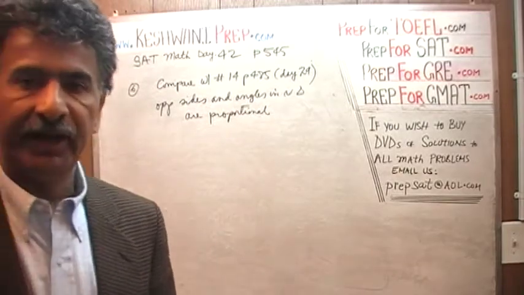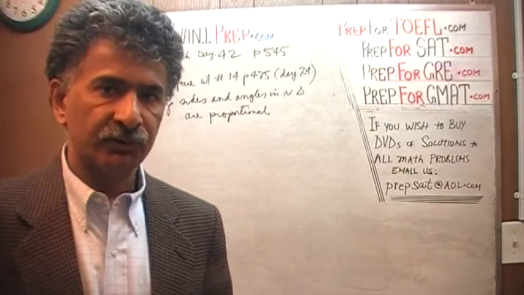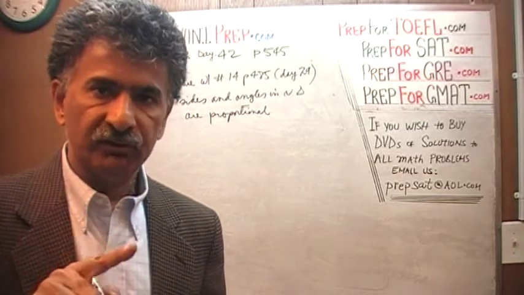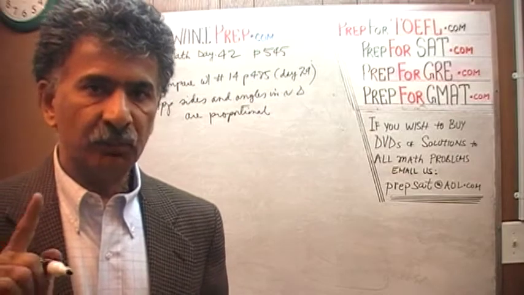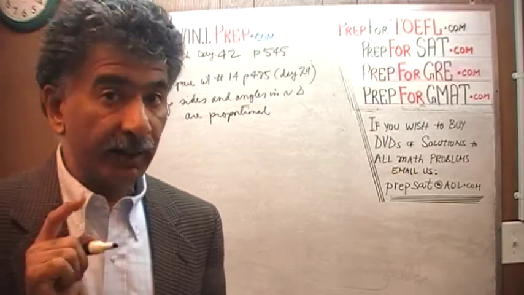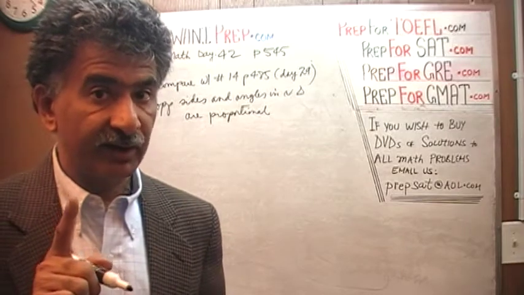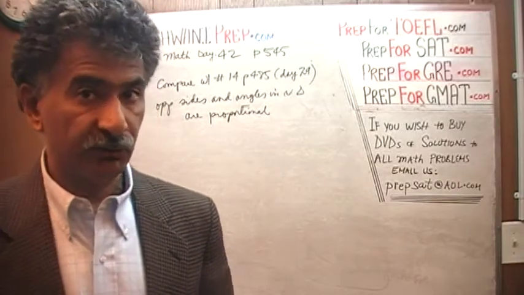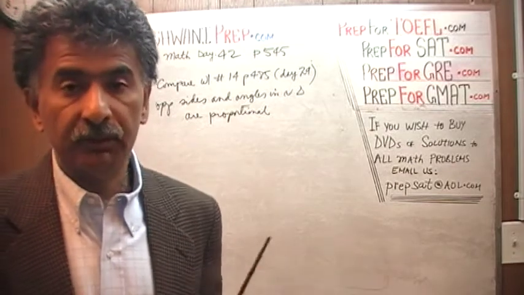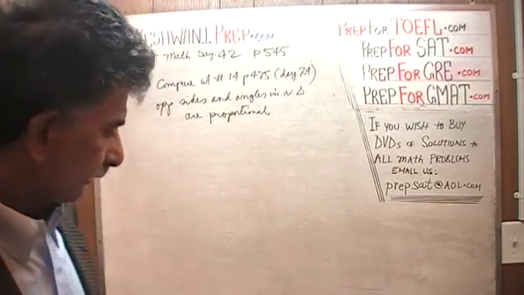All that means is that the largest side in a triangle always faces the largest angle, and the smallest side in the triangle always faces the smallest angle. Which is why in a right angle triangle, the largest side is the side that faces 90 degrees. Hypotenuse is always the largest side in a right angle triangle because it faces 90 degrees, which is the largest angle.